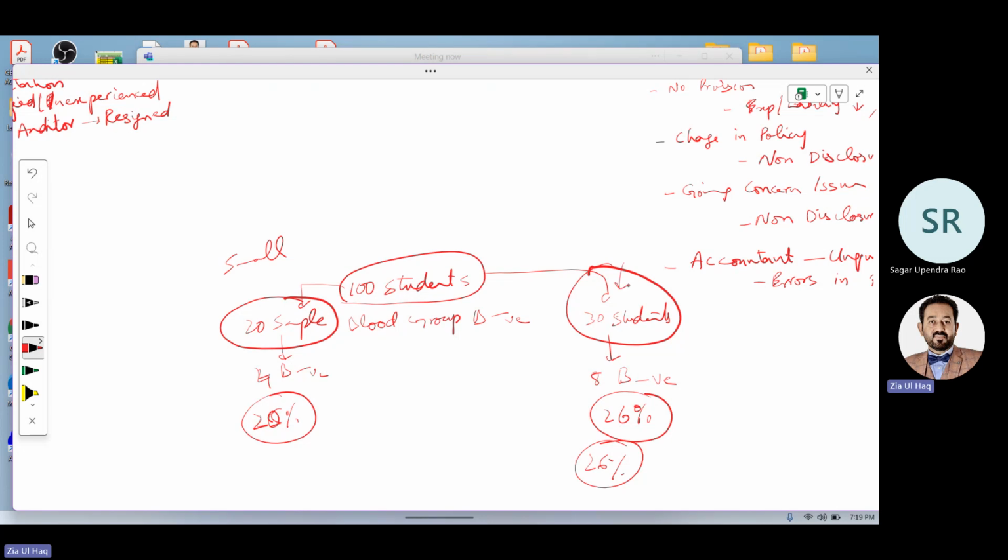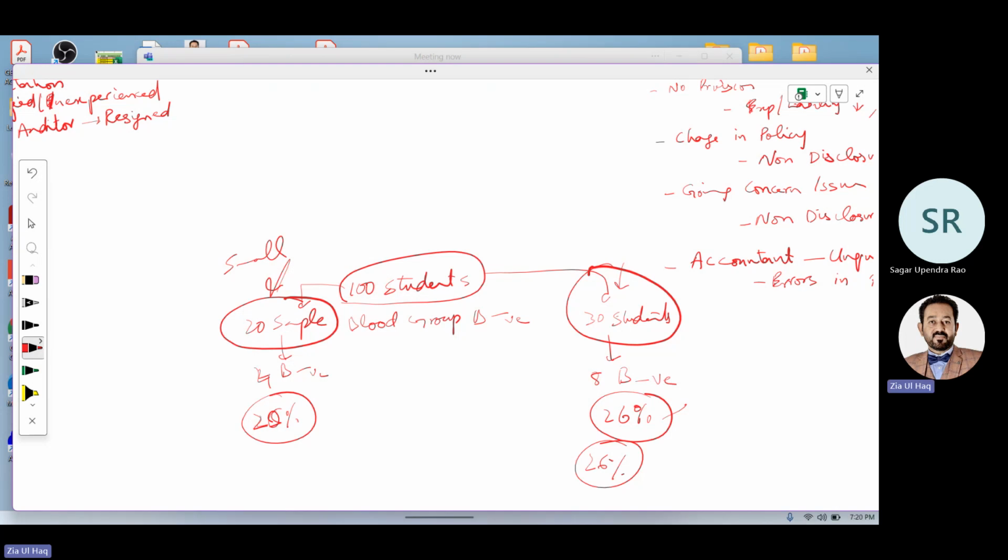A large sample possesses all the characteristics of a population, so the result is more accurate. This means the sample chosen from the population was not representative of the population. Representative means having all the characteristics of the population. That's why its result was accurate.